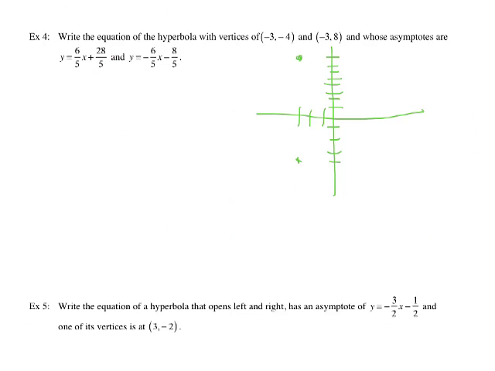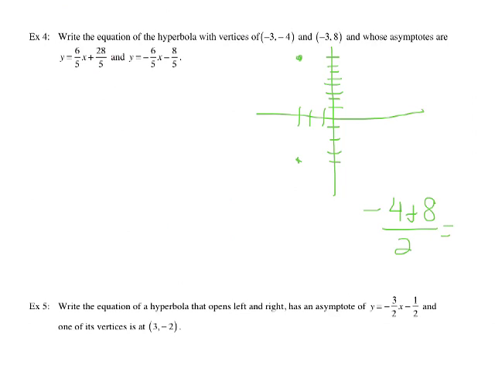So, in order to write the equation of the hyperbola, we obviously need to know the center. Well, if these are the vertices, that means my hyperbola is going to open up and down. And so what I'd like to do is find the center. So I'm going to find the midpoint of the y-coordinates, so I can find the y-coordinate of the center. And obviously I know the x-coordinate has to be negative 3.